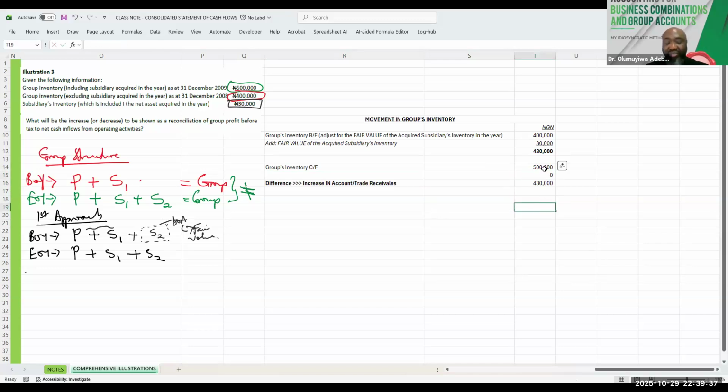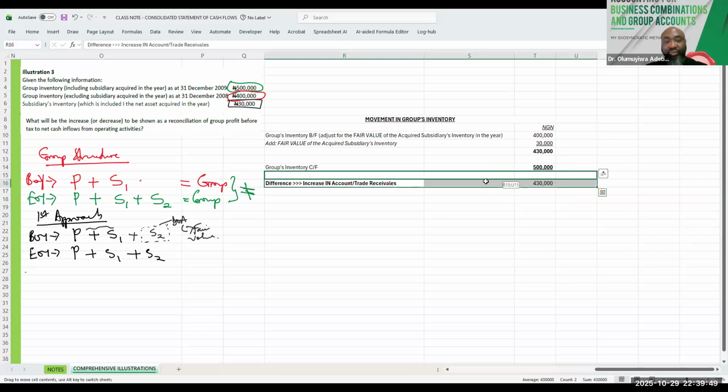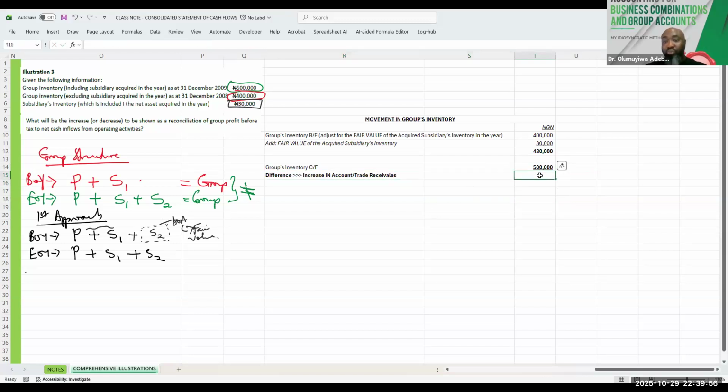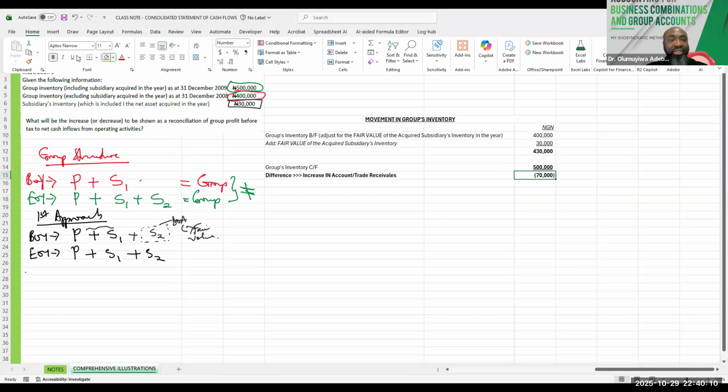Now I can compare 500,000 with 430,000. What is the movement? 430 to 500. Therefore, there is an increase in the amount of inventory by 70.